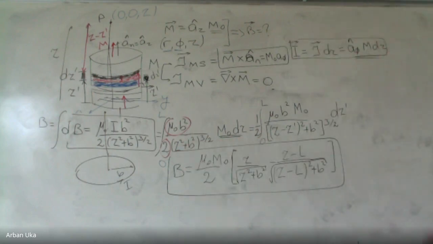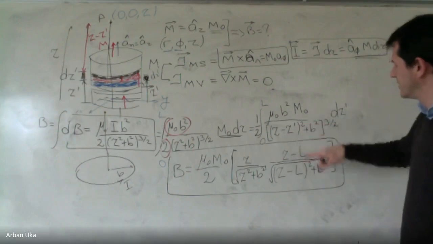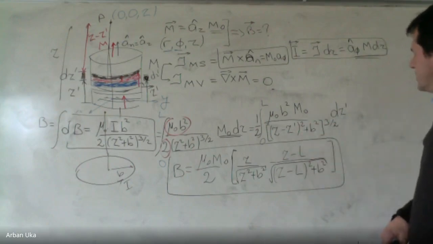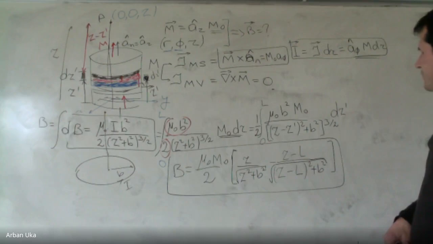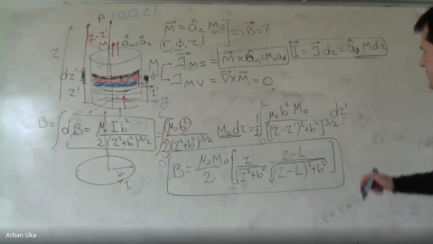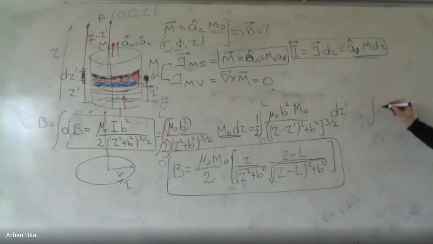What we did not cover in detail is this integral, which is of the form Z minus Z prime, the integral of dx over x squared plus a squared to the power 3 over 2.